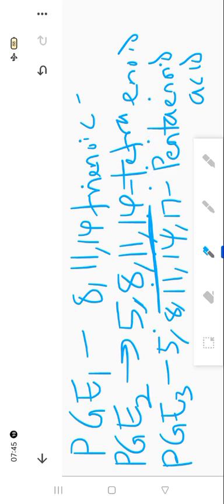And prostaglandin E3 is derived from eicosa 5, 8, 11, 14, 17 pentaenoic acid.